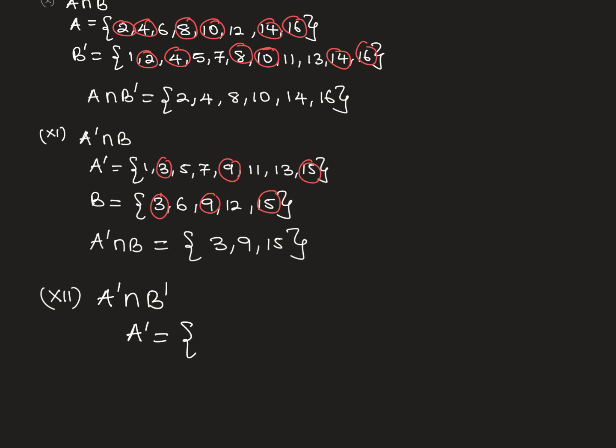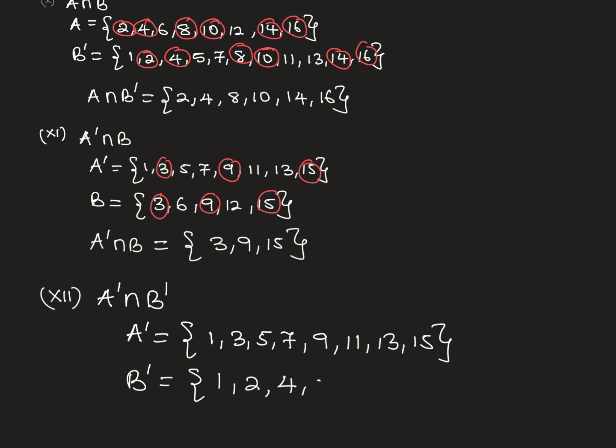We have that answer previously, which is 1, 3, 5, 7, 9, 11, 13, and 15. Members of B complement is 1, 2, 4, 5, 7, 8, 10, 11, 13, 14, and 16.